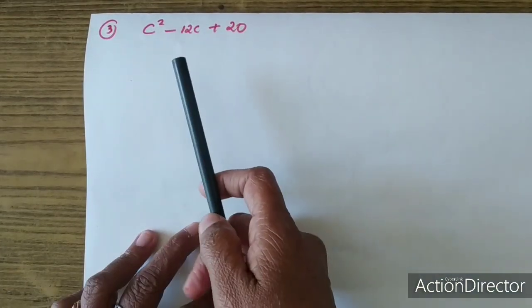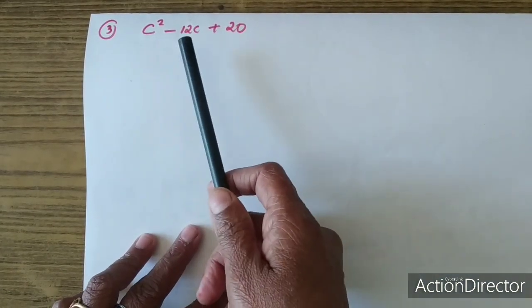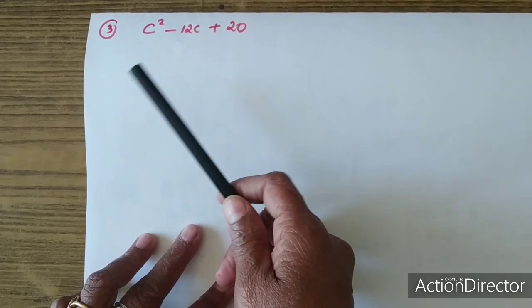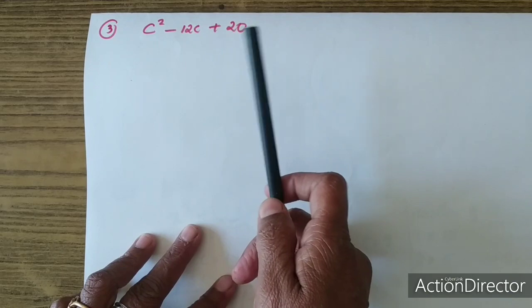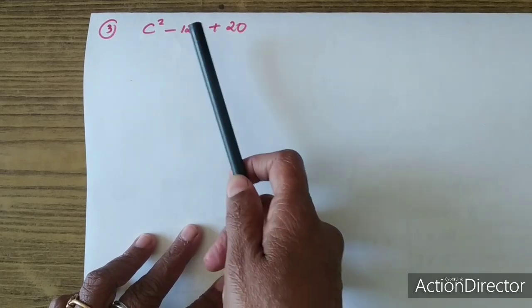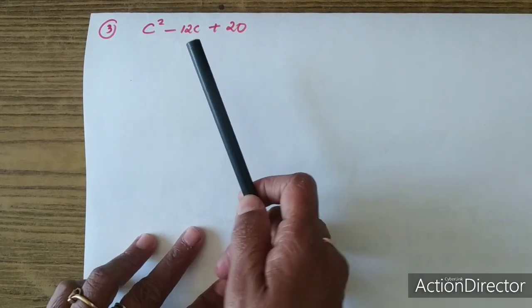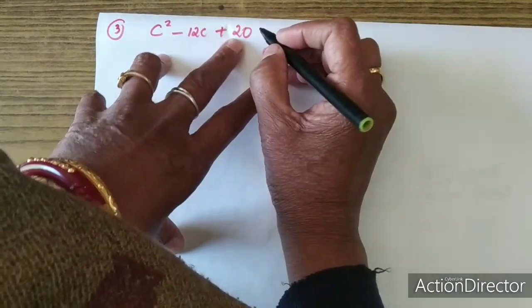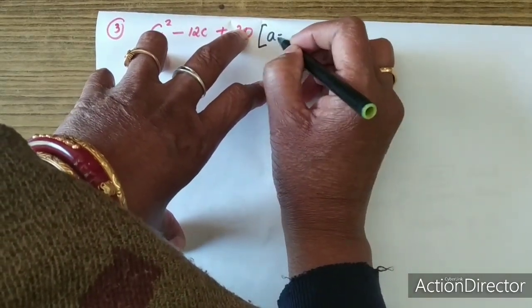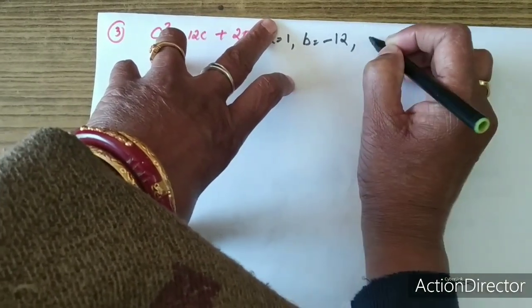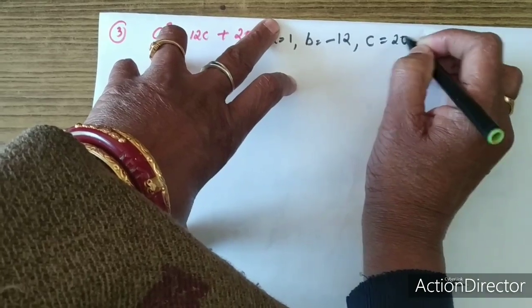Let me move on to the third example. C square minus 12c plus 20. Again it is of the form ax square plus bx plus c. But here we are able to see the middle term is negative. So let us proceed. First let us write a is equal to 1, b is equal to minus 12 and c is equal to 20.